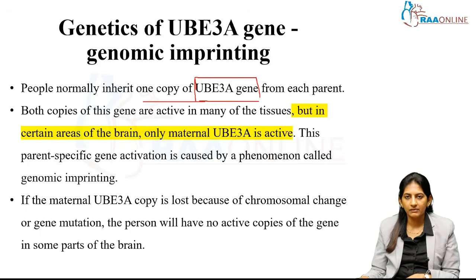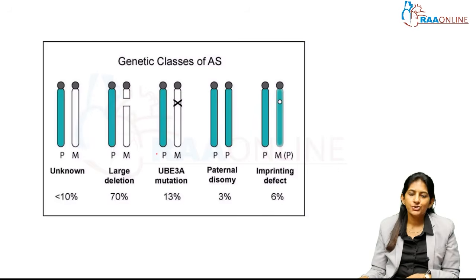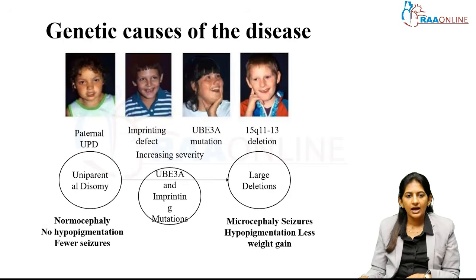The maternal copy will be active in certain areas of the brain. Since this is lost, it causes severe global developmental delay and intellectual delay in these children. So 3% to 5% is due to paternal disomy, otherwise it could be due to deletions. And the phenotypic variations can be based on what the genotype is.